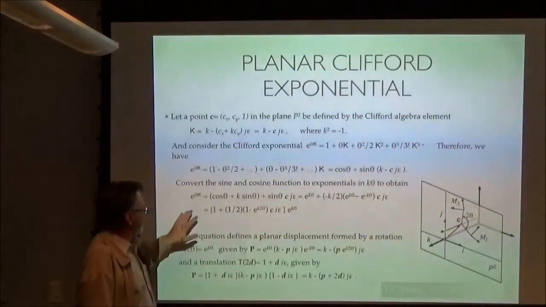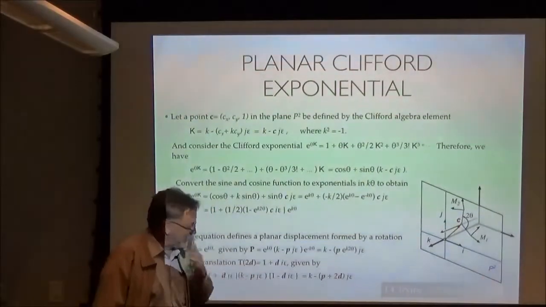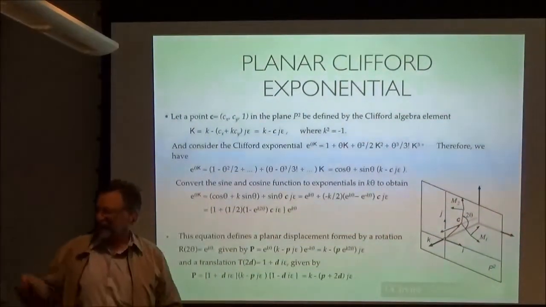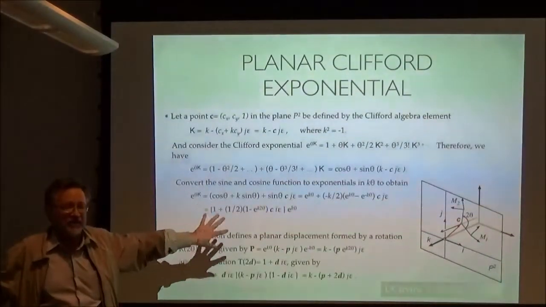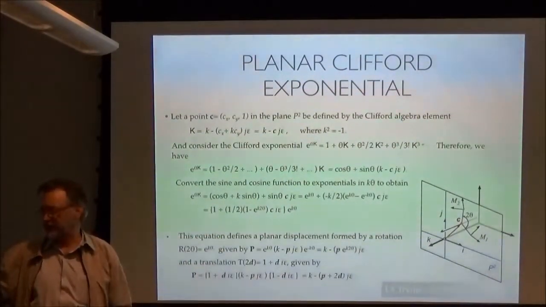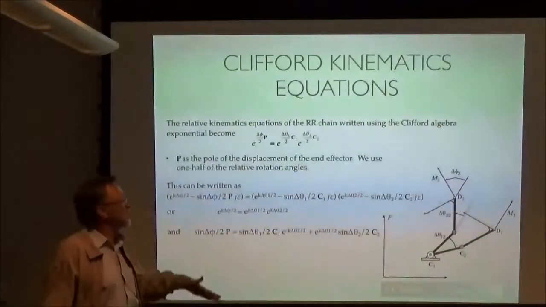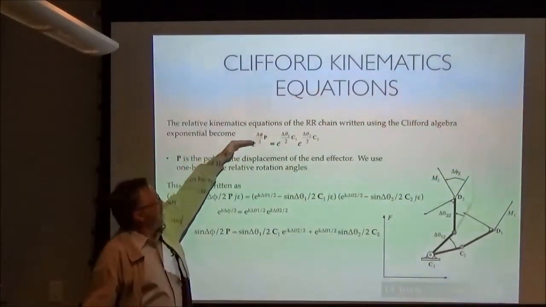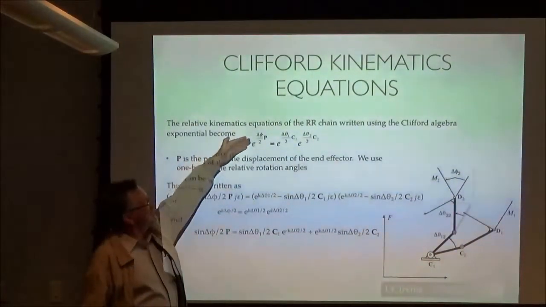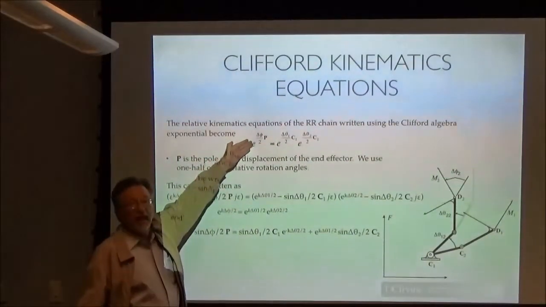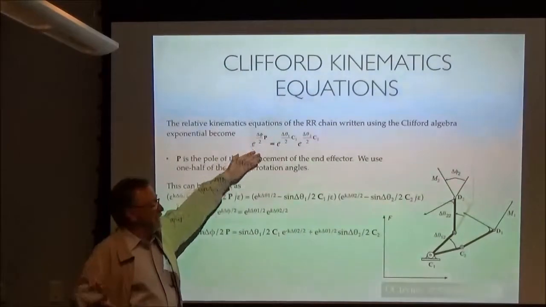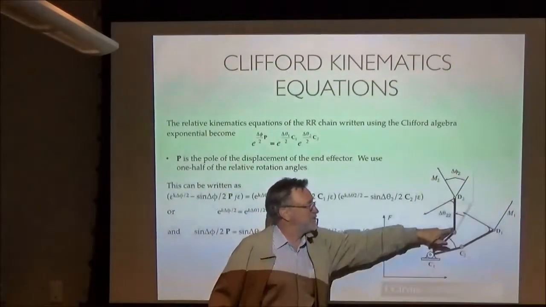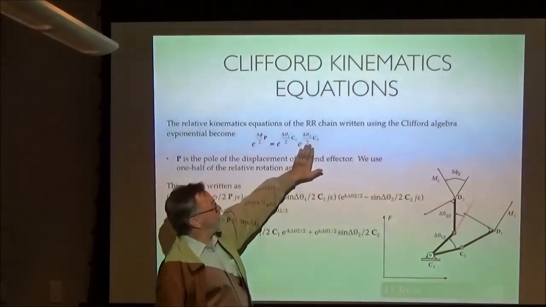We get these equations like this. This is more meant for your notes. This isn't meant for you to recognize while it's on the screen. This is meant for you to look at at home at some point. But what you can do is get nice equations like this. This is the matrix exponential form of the kinematics equations of this chain. And so there it is.